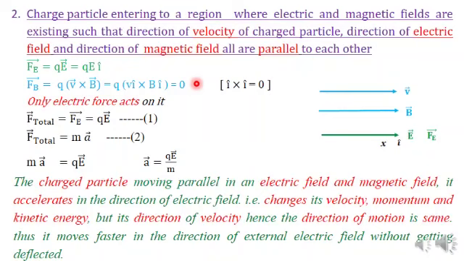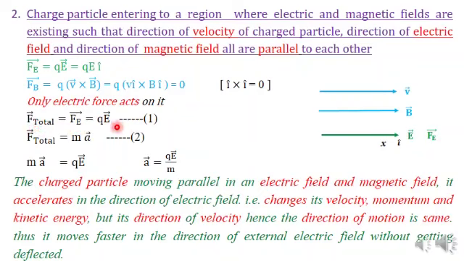Since i cross i equals 0, vector Fb equals 0. So, only the electric force acts on the charged particle. Means, the total force is only the electric force.